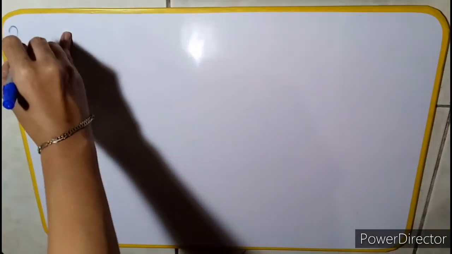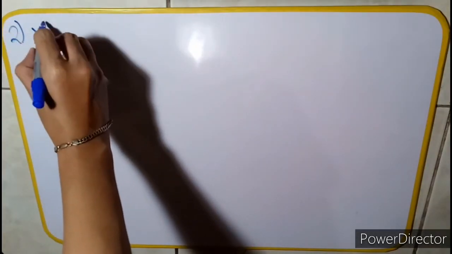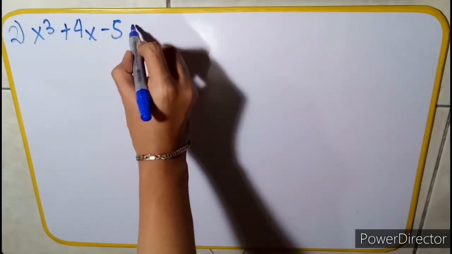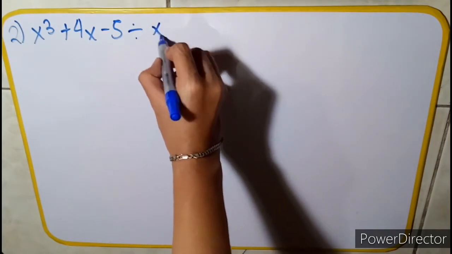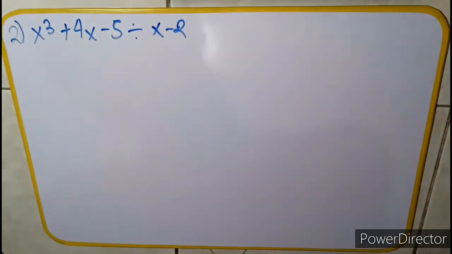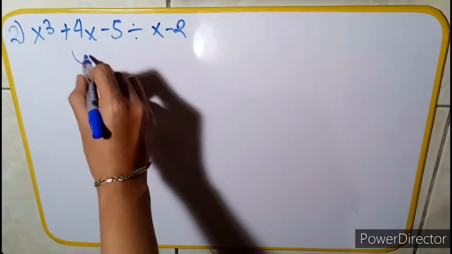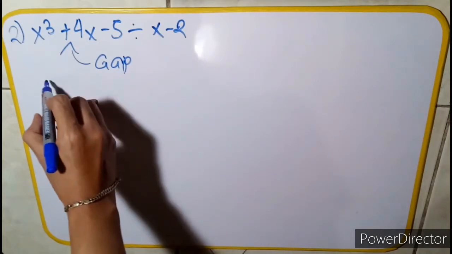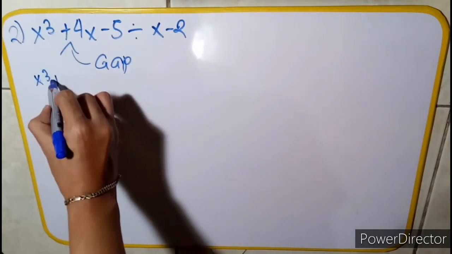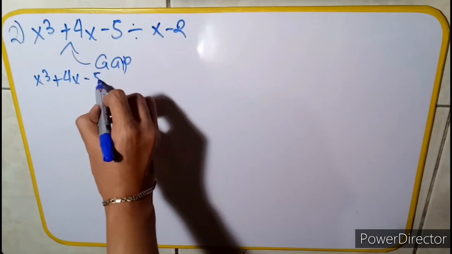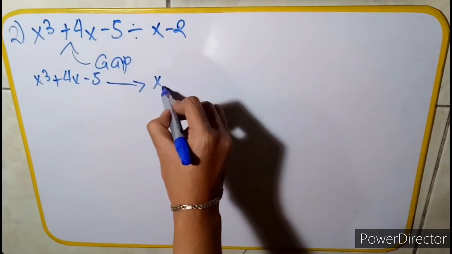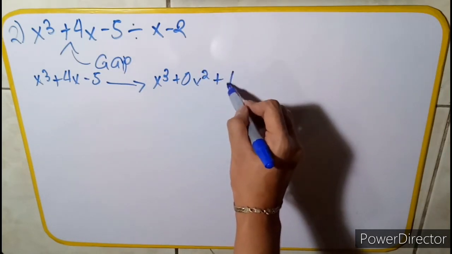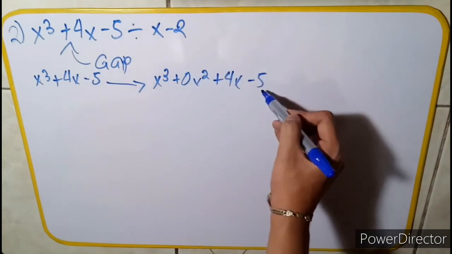Our second example in synthetic division is x cubed plus 4x minus 5 divided by x minus 2. Now, as we can see, there's a gap between x cubed and 4x. So this x cubed plus 4x minus 5 will be written as x cubed plus 0x squared plus 4x minus 5.